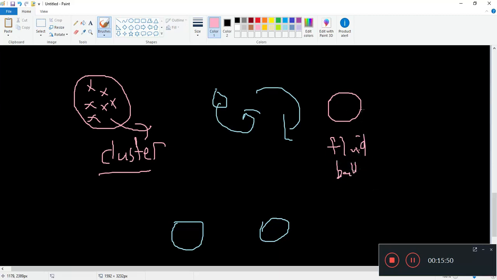If you have a fluid ball going from, let's say, point A to point B, somewhere along the path the fluid ball will start to split up, because there are forces that can cause it to split up or join with other fluid balls. They can travel together as a cluster for a very short period of time. After that, they will split, change form, or join with other fluid clusters.